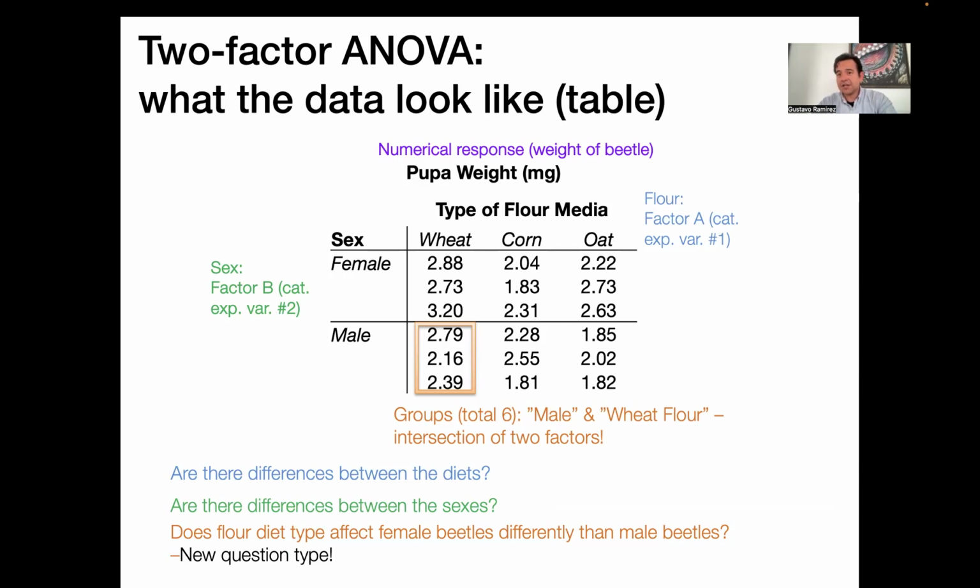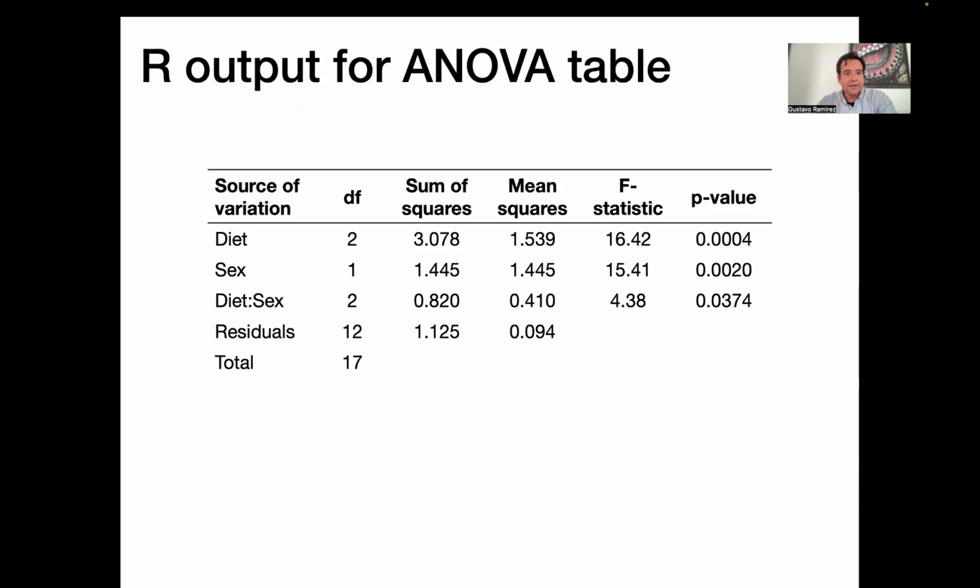We do an interaction plot, but you've got to go by the result of the test, not by your own interpretation of the plot. We'll talk about that more in a second. But just to reiterate, this is a completely new question type that we've never explored in this class before.